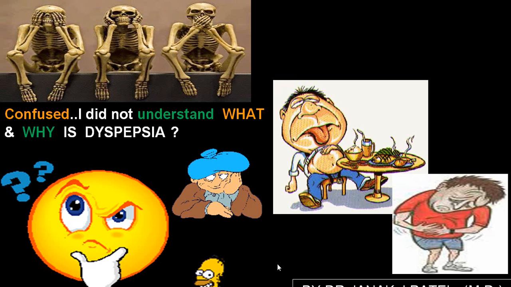In continuity with these lectures, today I am going to discuss mainly dyspepsia. It is a very broad term. It's mainly a symptom which is very common in your everyday practice.